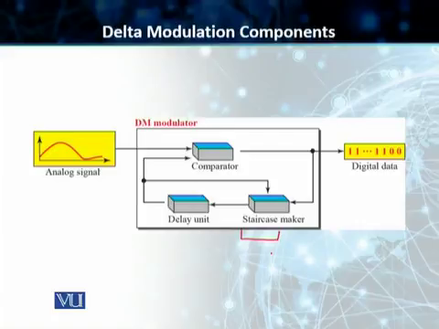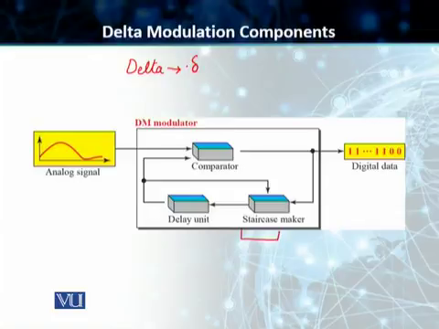Students, in this case, the modulation process that you're looking at, it records the small positive or negative changes which are called as delta. और आपकी book में this is represented by a symbol of this. So if this delta is positive, the resulting process records a bit of 1.